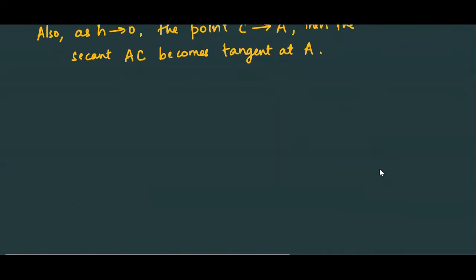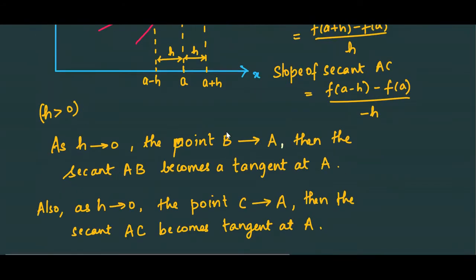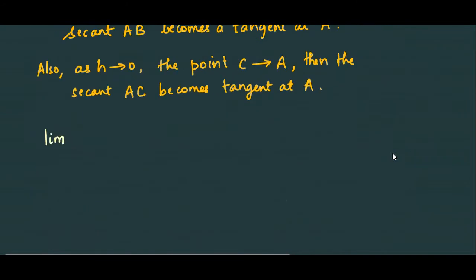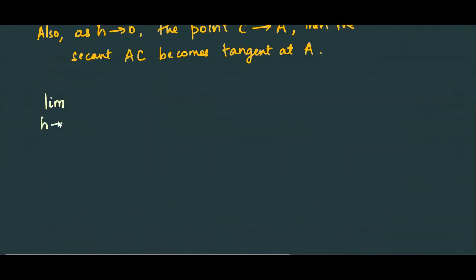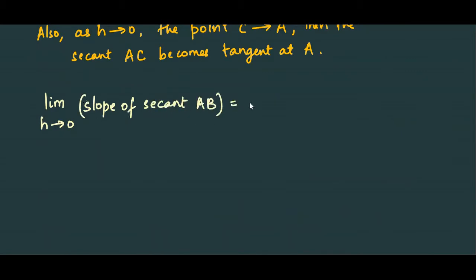All right. Now, this limit of the slope of the secant AB, limit h tending to 0, the slope of secant AB, that is limit h tending to 0, f of a plus h minus f of a by h.